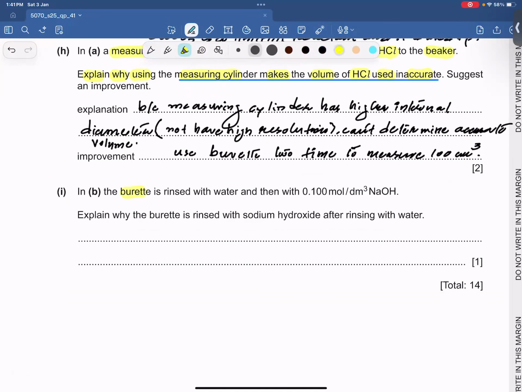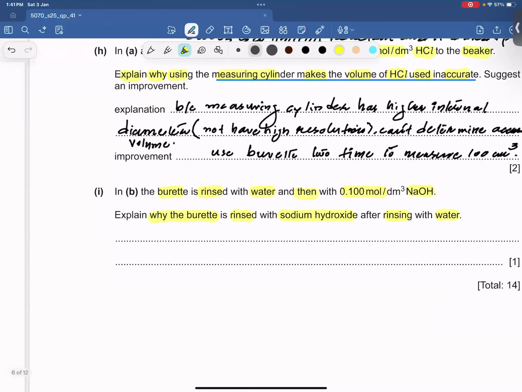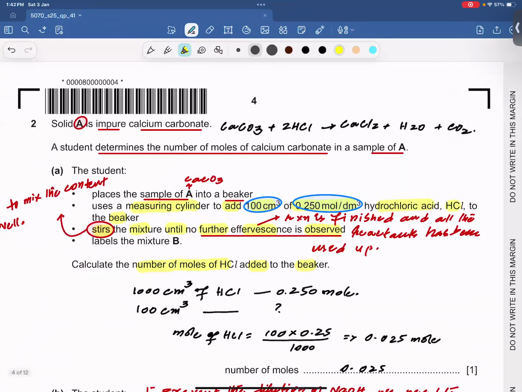In the next part, the burette is rinsed with water, then with 0.1 mol/dm³ NaOH. Explain why the burette is rinsed with NaOH after rinsing with water.